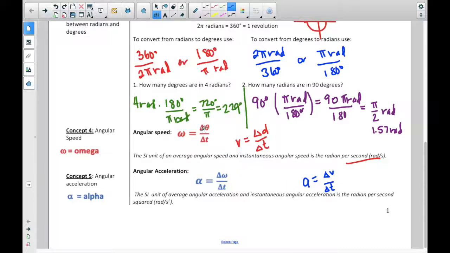I'm going to have to go back and double check on the AP sheet, but I'm pretty sure that's the same thing with these. These probably are not on your AP sheet, although you can check and see. They are just things that you're assumed to understand because that is the concept, that's the definition. It is an equation, but it's really the definition of what is angular speed and what is angular acceleration. And once again, the SI unit is radians per second squared.